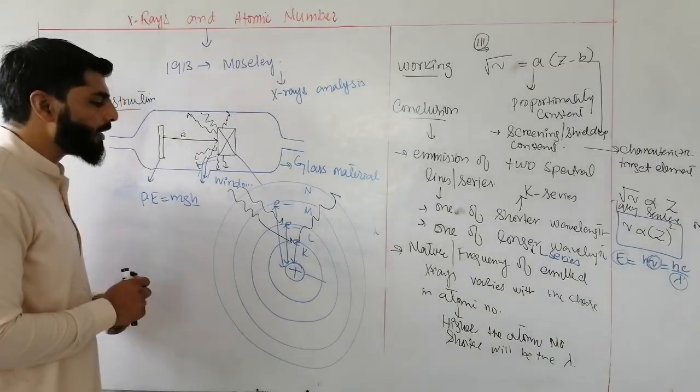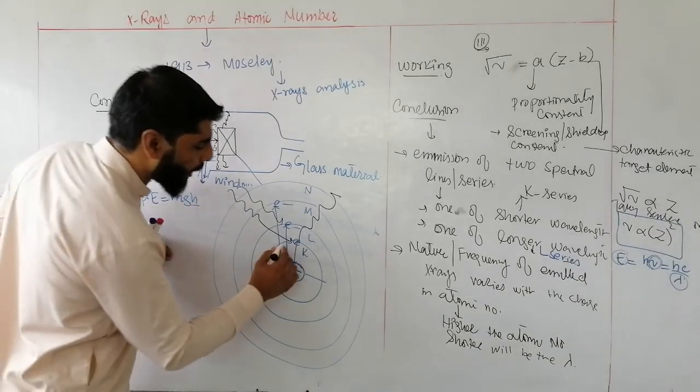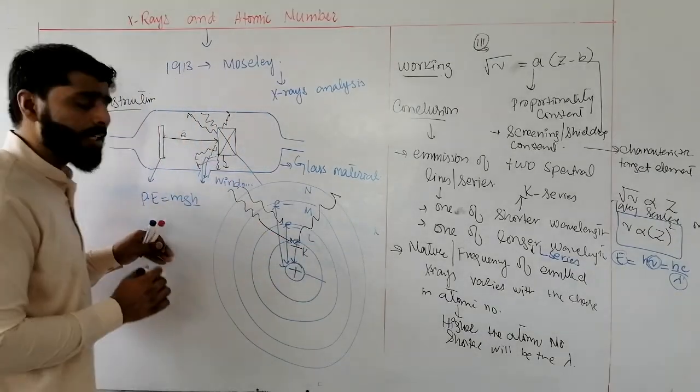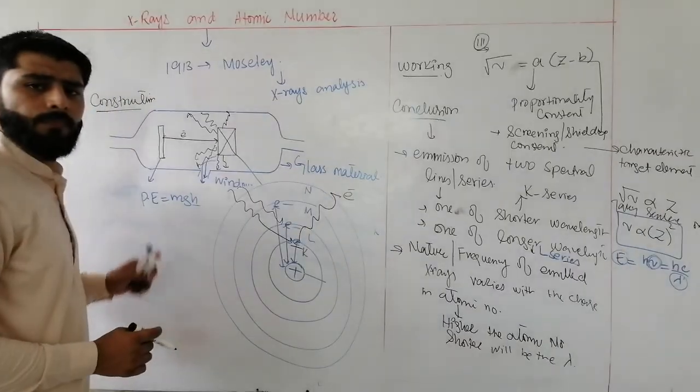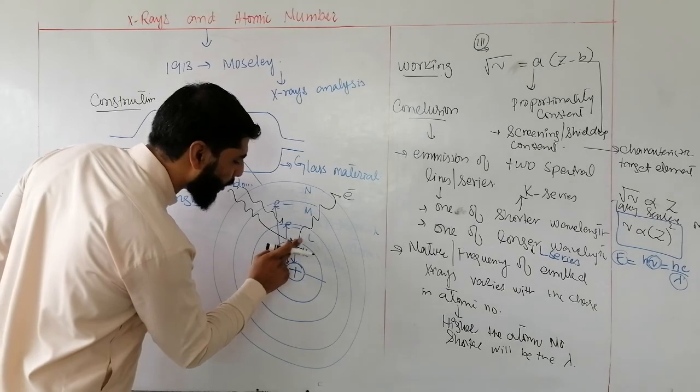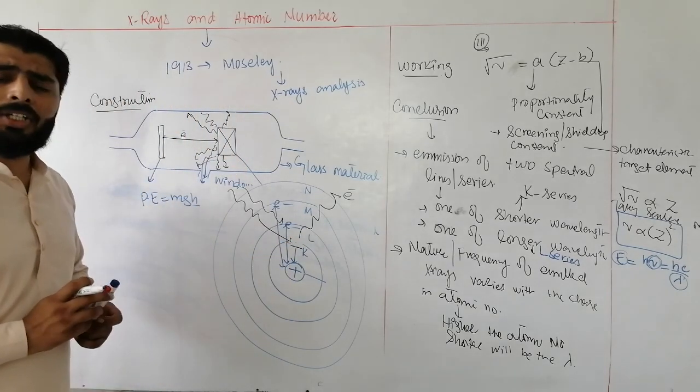Students, what is actually happening here? When X-rays collide with the electrons of the inner shell, this electron is knocked out, and a vacancy or hole is created in the K shell.